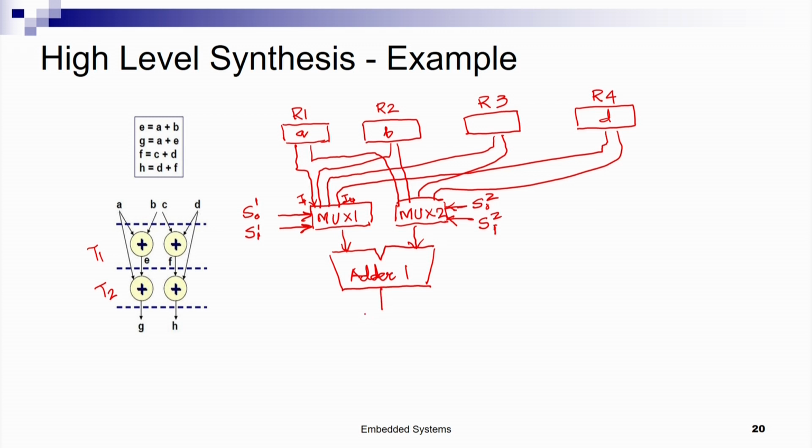Similarly, we also have a demux at the output, and that will also be controlled through select inputs, say S03 and S13. Okay. And it will have 4 outputs going to, say, R1, R2, R3 and R4.